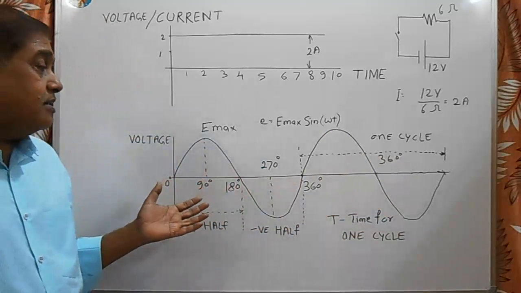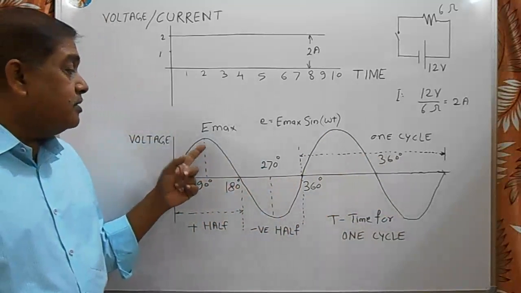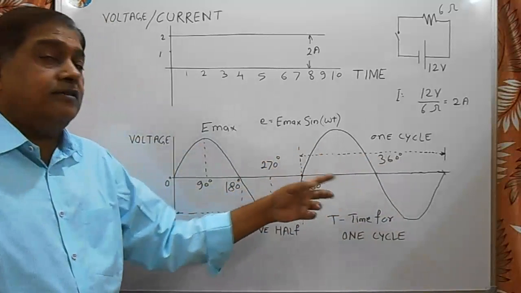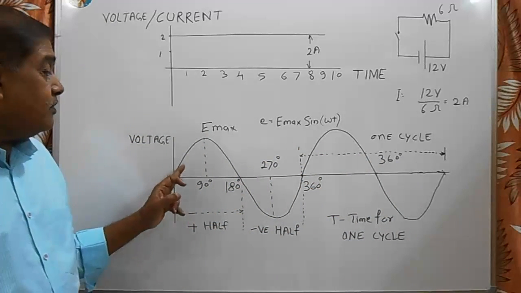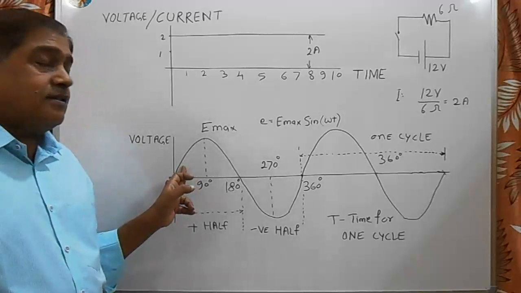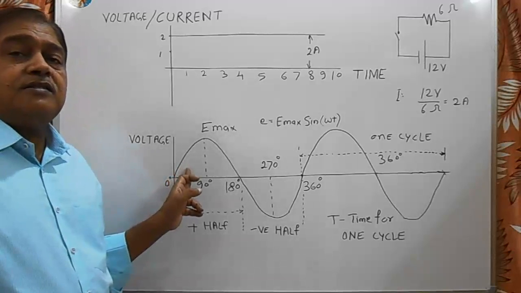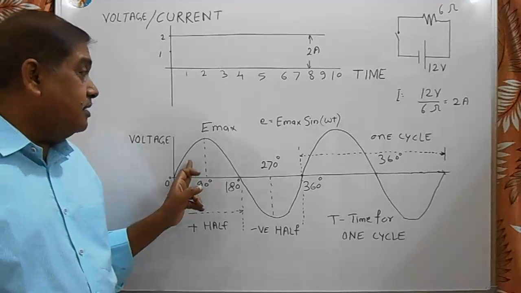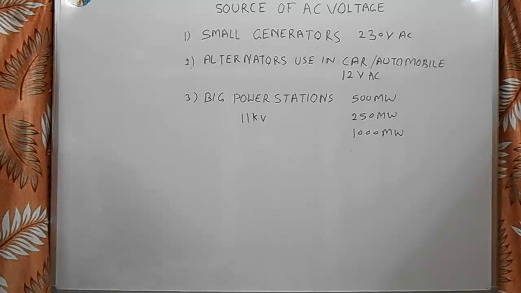It is known as alternating, once positive, again negative, again positive, again negative, that is alternating current. When we apply this alternating voltage to any load, the current flowing is alternating current. So I think it is clear to you.